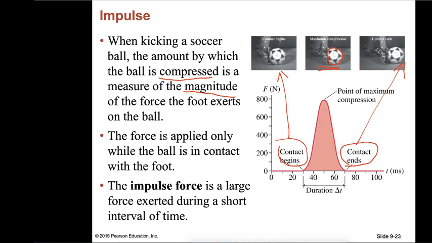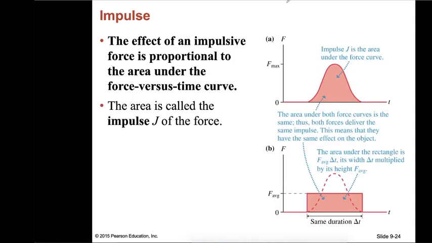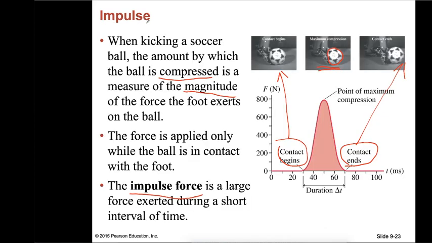The force is applied only while the ball is in contact with the foot, and an impulsive force is a large force exerted during a short time interval. So this is the impulsive force, and we define a concept called impulse based on this kind of phenomenon.